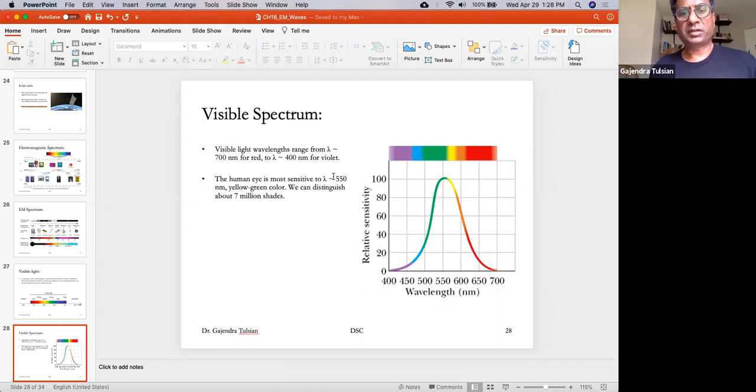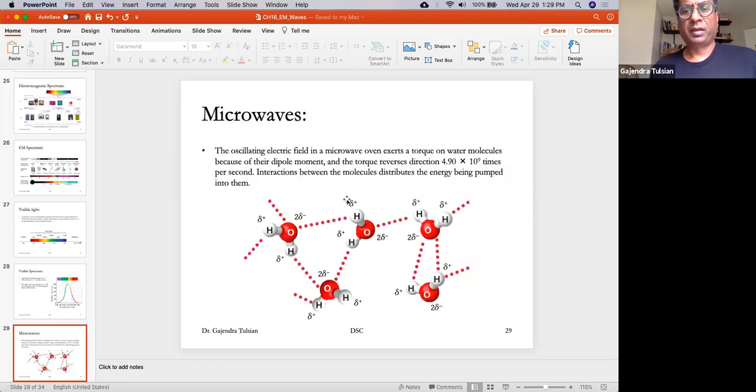Our eyes are most sensitive to 550 nanometers, which is a yellow-green color. And we can distinguish about 7 million shades. Some of you might be aware that your computer screens can render about 16 million shades, but anyway.